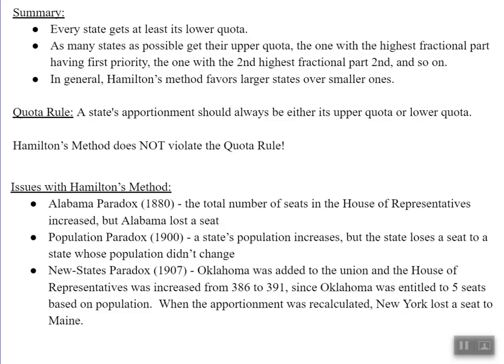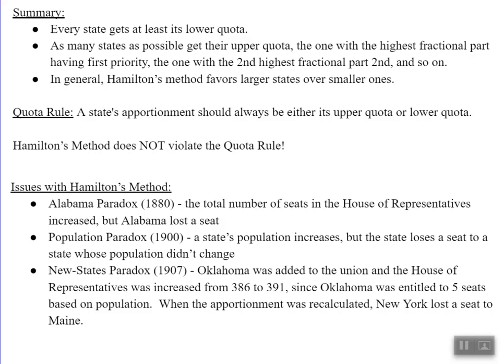The third issue with Hamilton's method is the new states paradox. In 1907, Oklahoma was added to the Union. The House of Representatives was increased from 386 to 391 seats because, based on Oklahoma's population, it was entitled to 5 seats. So they redid the calculations, and somehow New York lost a seat to Maine.